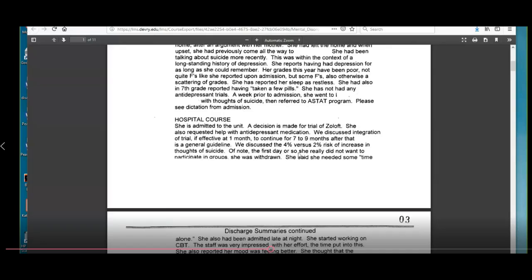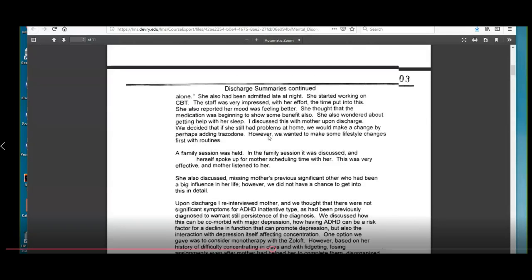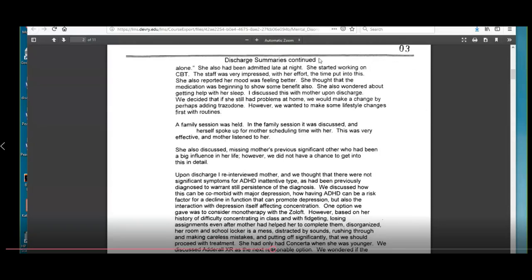We discussed the 4% versus 2% risk of increase in thoughts of suicide. Of note, the first day or so, she really did not want to participate in groups. She was withdrawn. She said she needed some time alone. She had also been admitted late at night. She started working on CBT. The staff was very impressed with her effort, the time put into this.